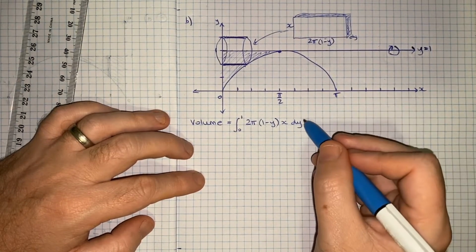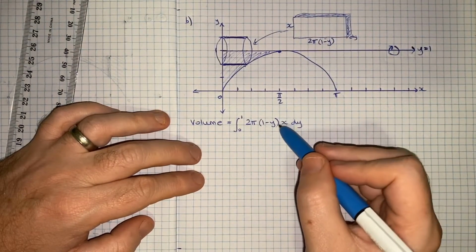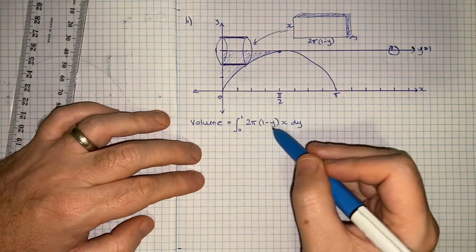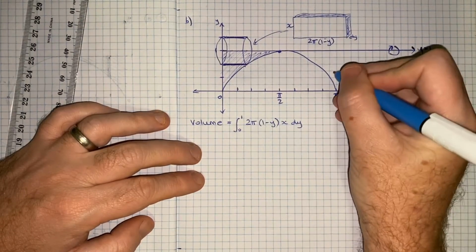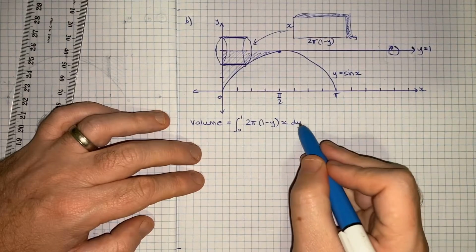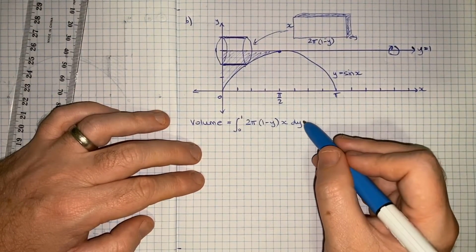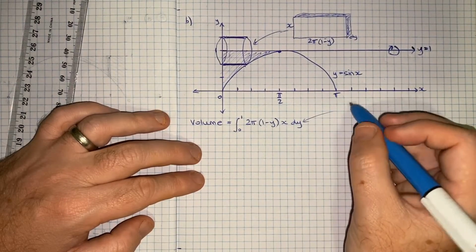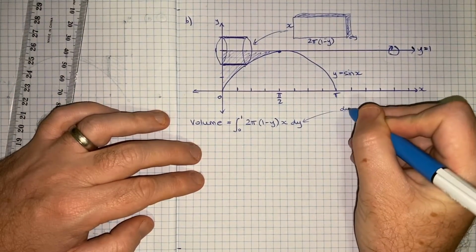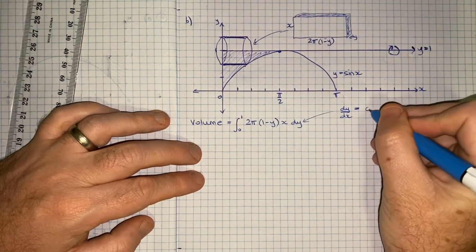It will probably be easier to integrate this with respect to x. So we can insert y is equal to sine x, just like we did with part A. But this dy we're going to need to get into dx. So just over to the side, we'll note if y is sine x, then dy dx would be equal to cos x.